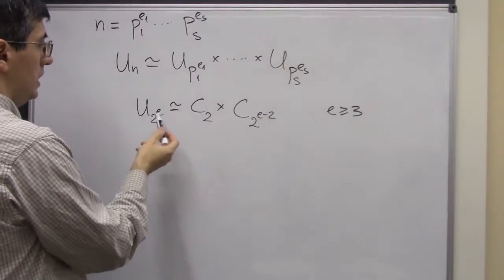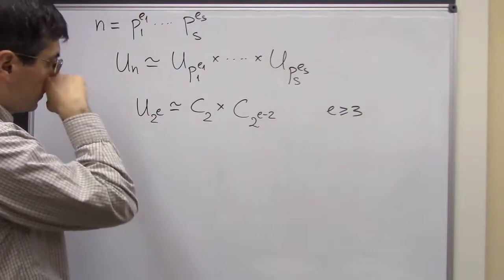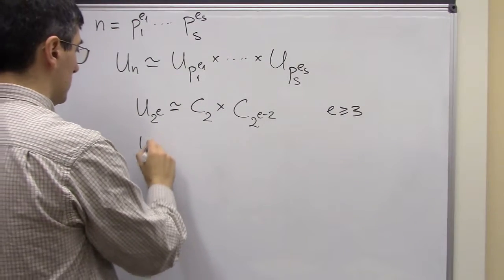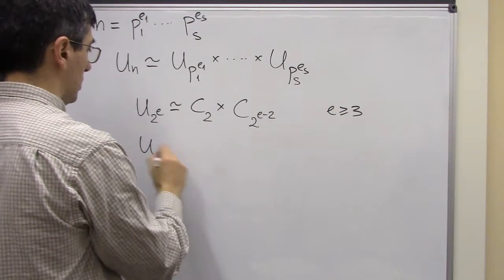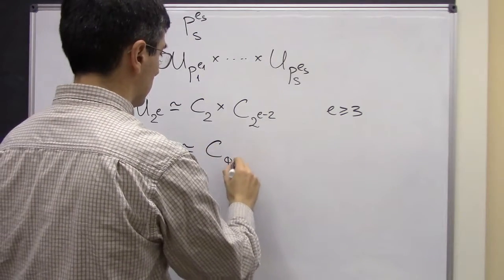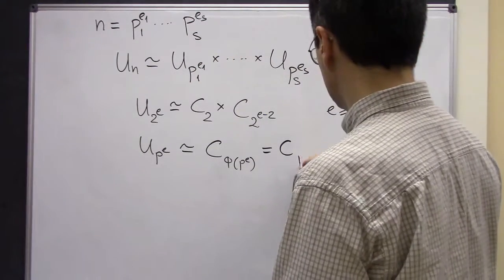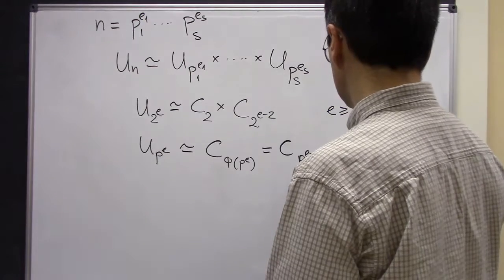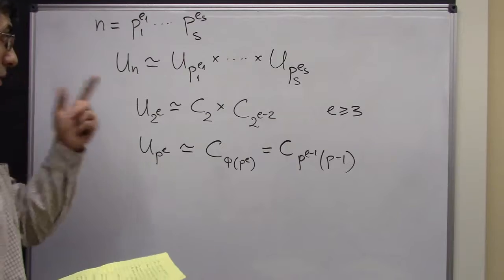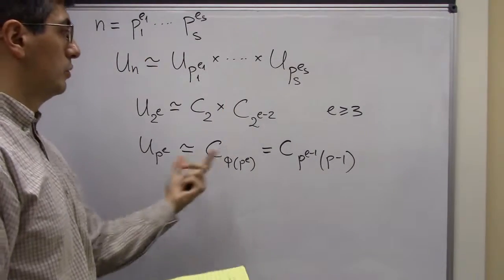If e is 2 or 1, you're getting either the trivial group or the cyclic group of order 2. And for an odd prime power, as I said, you get a cyclic group of order φ(p^e), which is just the cyclic group of order p^(e-1)(p-1). Right? So we know that this U_n is a direct product of almost cyclic groups.